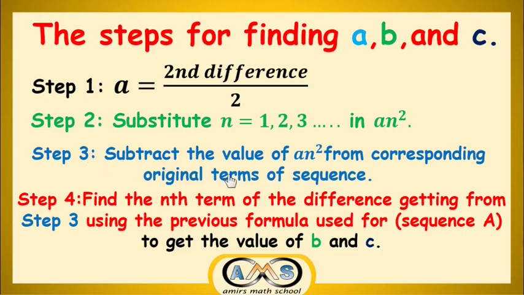From step 3 we get the difference between the corresponding terms of an square and the original sequence. With this difference we form another sequence, and using the linear sequence nth term formula we find the nth term of that sequence. After getting this nth term, we can easily get the values of b and c.